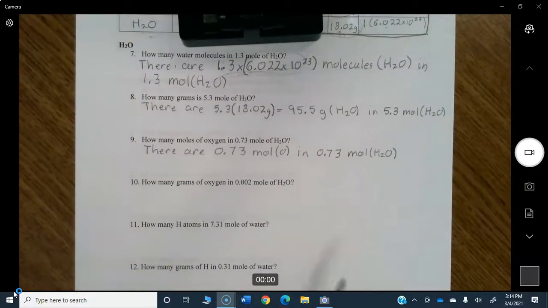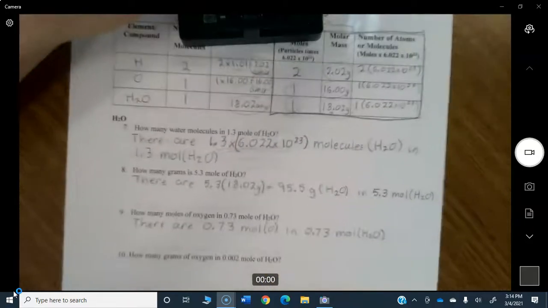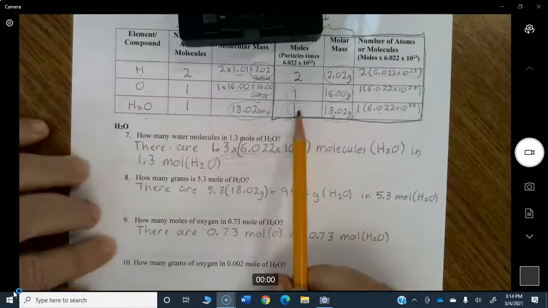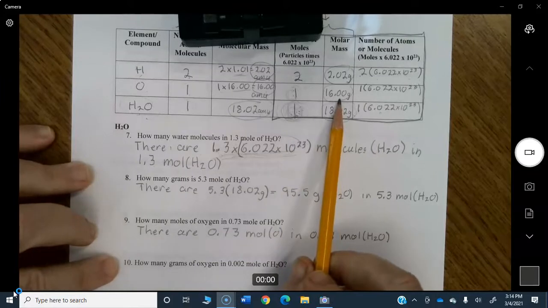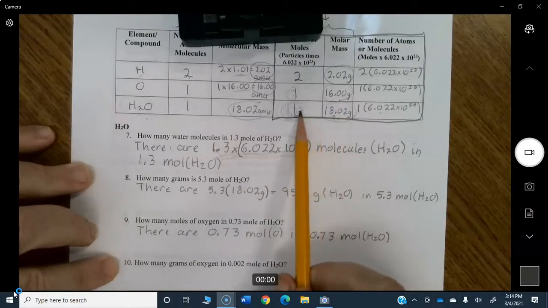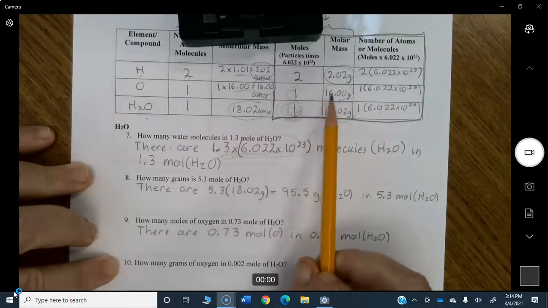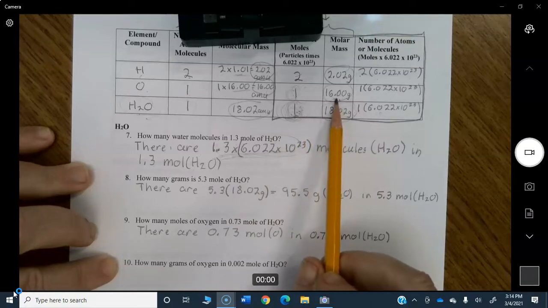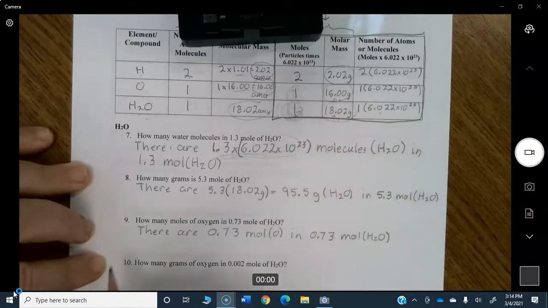Okay, how many grams of oxygen in 0.002 moles of H2O? So in 1 mole of H2O, there's 16 grams of oxygen. So if I want 0.002 moles of H2O, I need 0.002 times 16 grams of oxygen. Again, just scaling everything down.